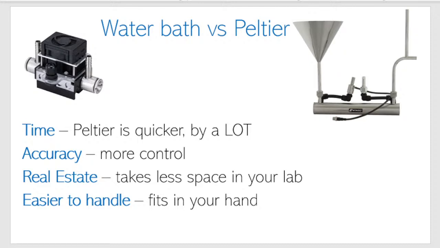That way you're assured that the sample will be at 20. So it takes a little bit of time to do that, especially if it's the first day of the week that you're working, then the setup takes more time. With the Peltier, you just turn on the instrument, turn on the Peltier, and you quickly get to your target temperature. Almost no setup.